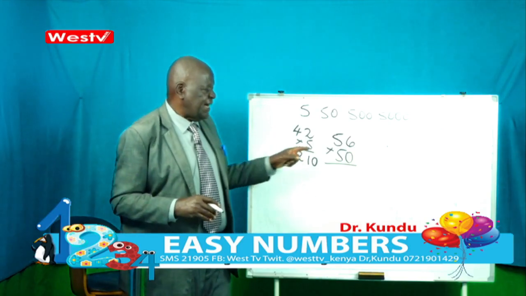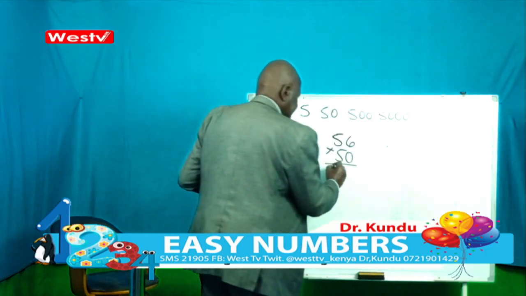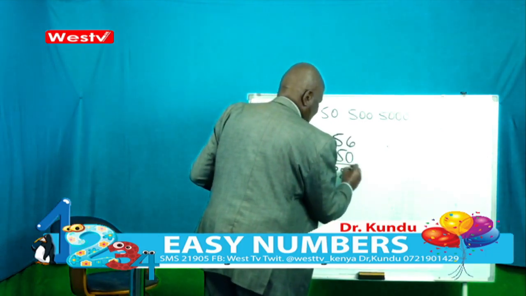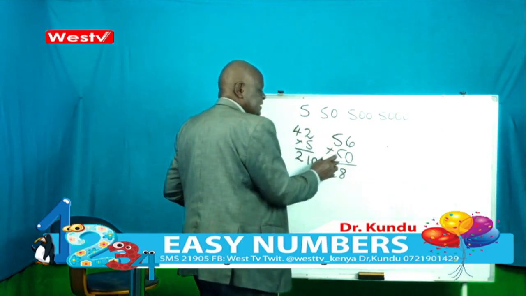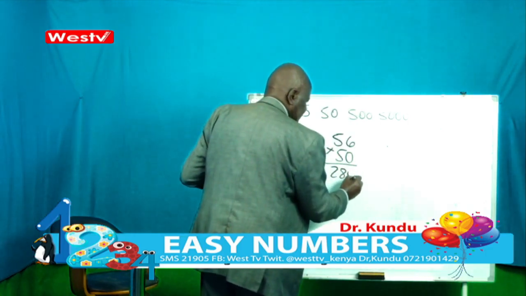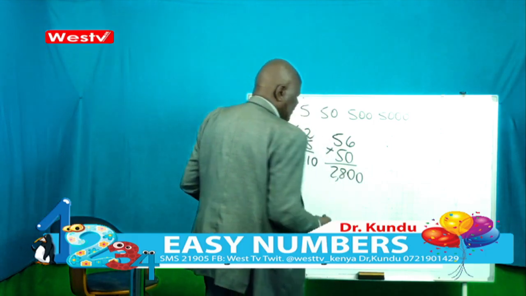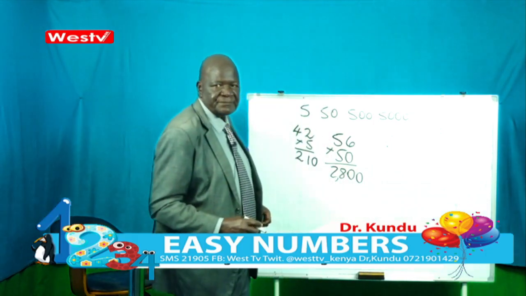You just take half of 56, which is 28, and then the 5 you are using is 2 digits, 1, 2, then put 2 zeros, and your answer is 2800.